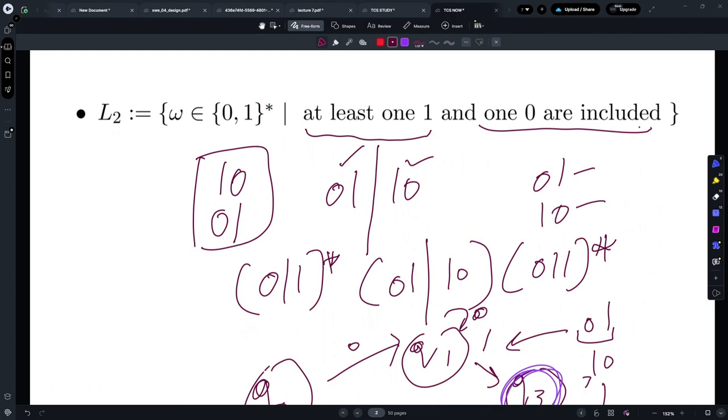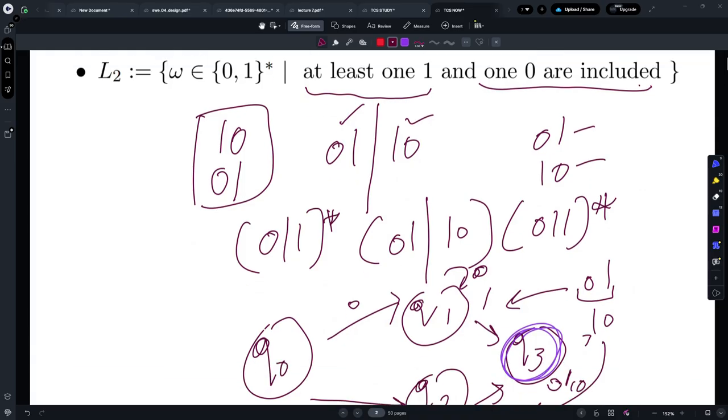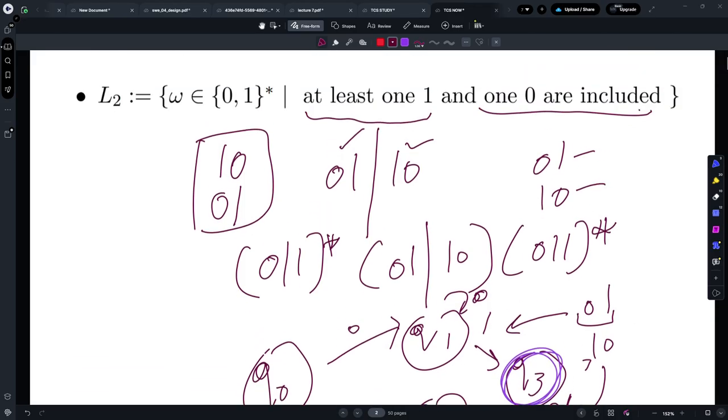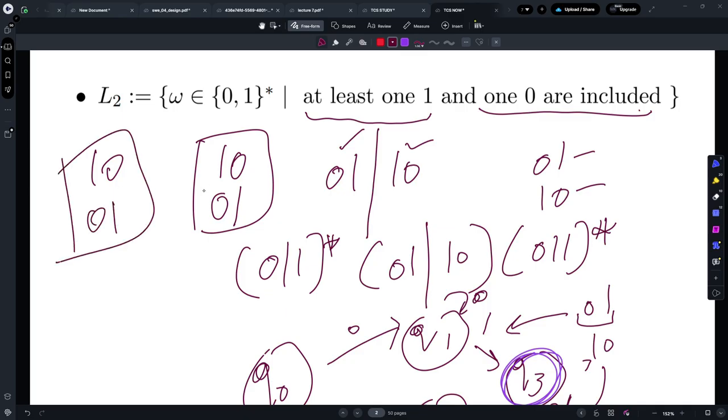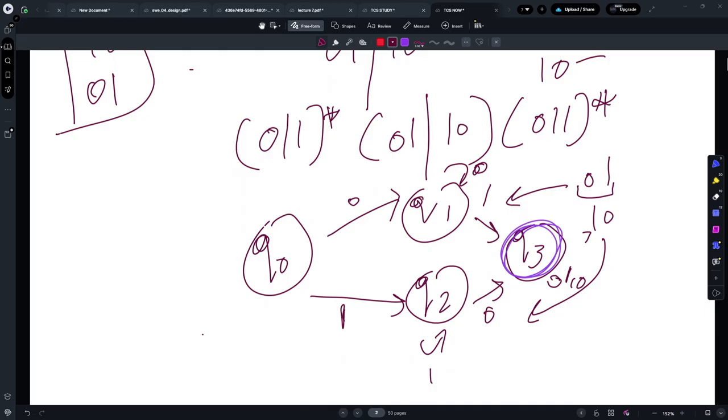Then we have saying that at least 1, 1 and 1, 0 are included. This leaves us with only two possibilities, just like that, saying that either one of these are included, meaning that you can do whatever you want in the beginning, and then you can do 0, 1, 1, 0.